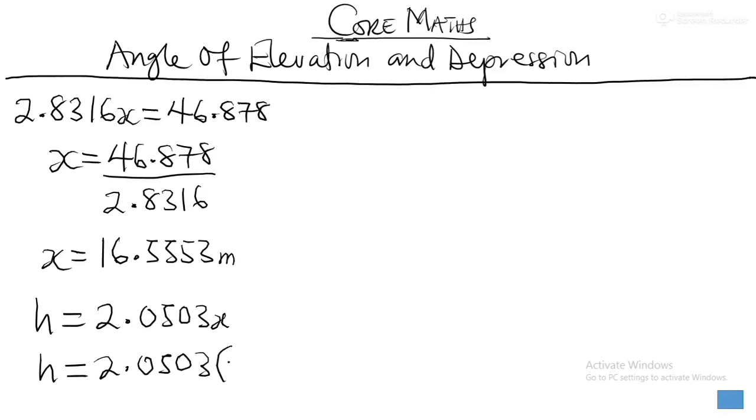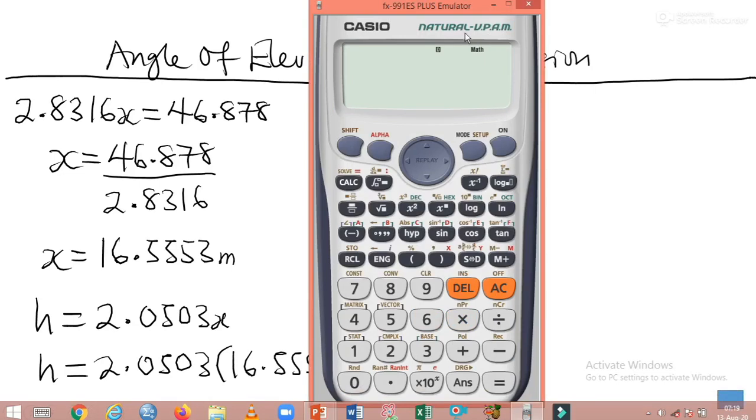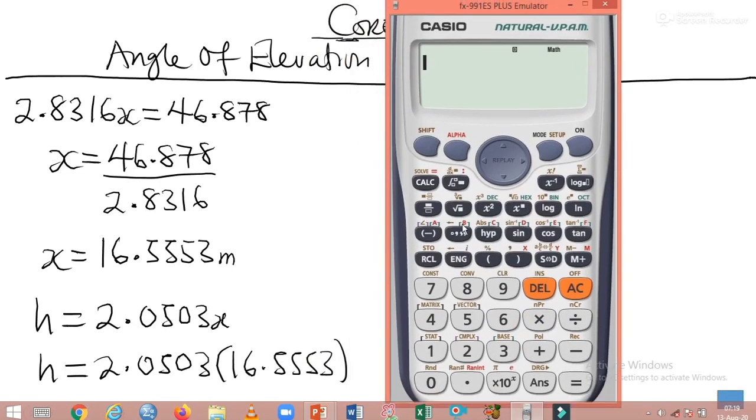So it means that our h will now be 2.0503 times 16.5553. Good. So let's multiply quickly and see. 2.0503 times 16.5553.